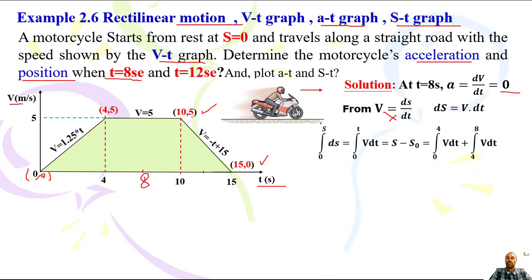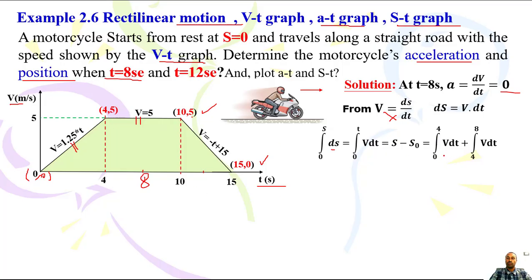We simply substitute. So integral from 0 to s of ds is equal to integral of v dt. Then s minus s naught is equal to the integral, with different equations in different intervals, so you have to use both equations.